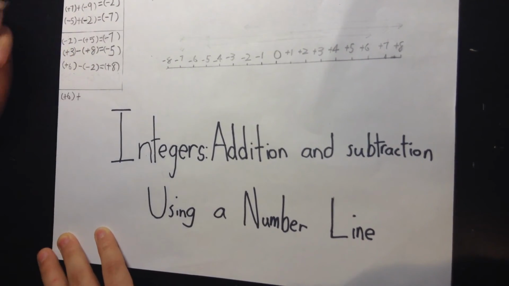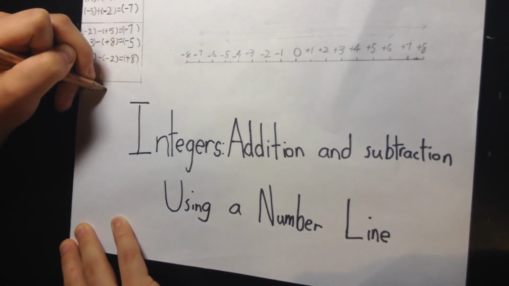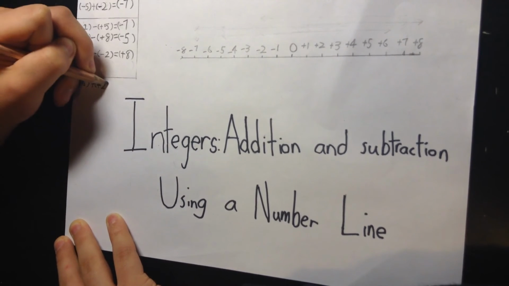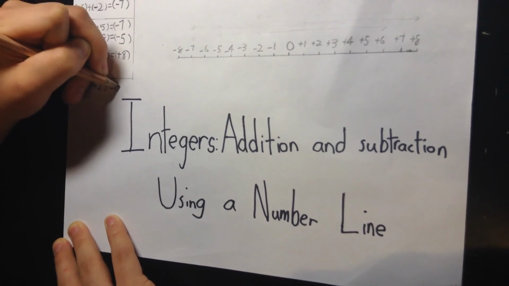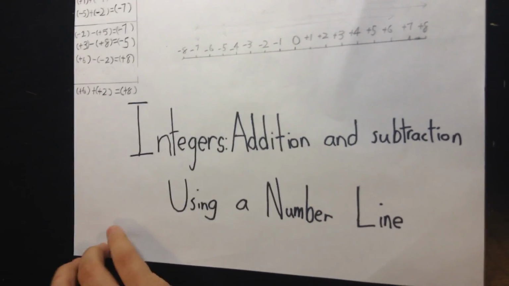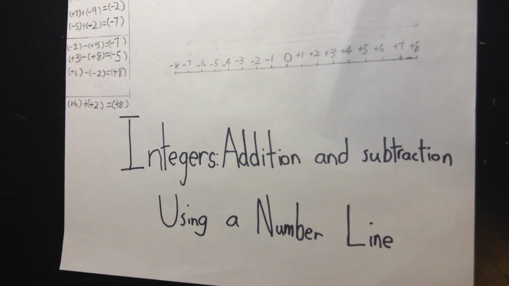Then you do the same to the sign before the second number, and you get the same answer, but instead of doing subtraction, you do addition, or if you're doing addition, you would be doing subtraction instead.